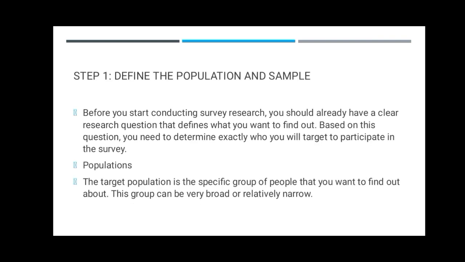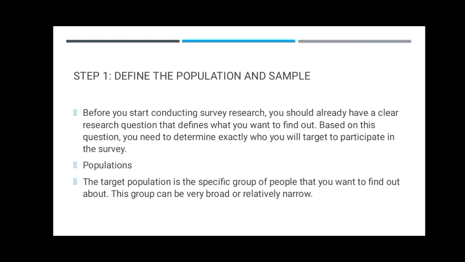then define the population and sample. Of course, we have to define the population and sample, because in surveying the populations, we have to know the whole population and we have to know the sample.